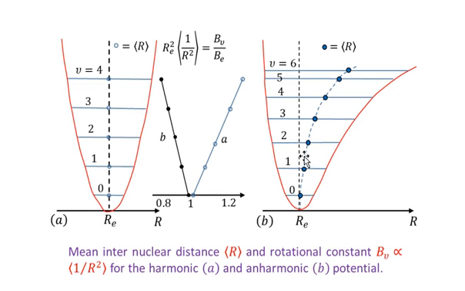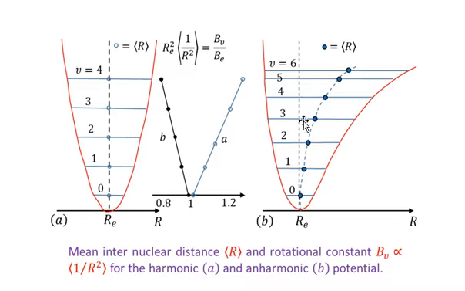Moreover, when the molecule is at any vibrational level, for example, in the vibrational state with the quantum number v equal to 3, the molecule will vibrate between the extreme positions of this anharmonic oscillator, where the horizontal line intersects the curve at these two points.